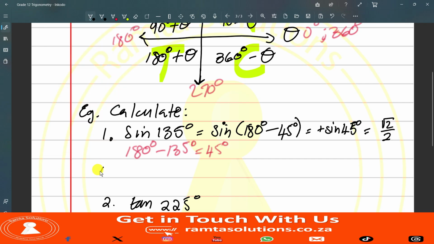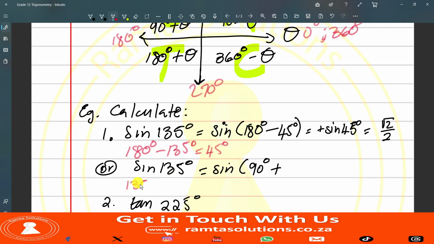Alternatively, this one we can say sine 135. We said it is in the second quadrant, right? In the second quadrant, we also work with 90 plus. So you then say, which one is bigger between 135 and 90? It's 135. So say 135 minus 90.